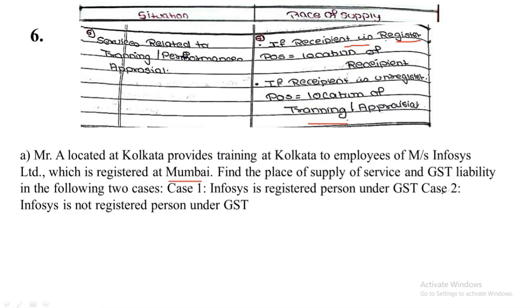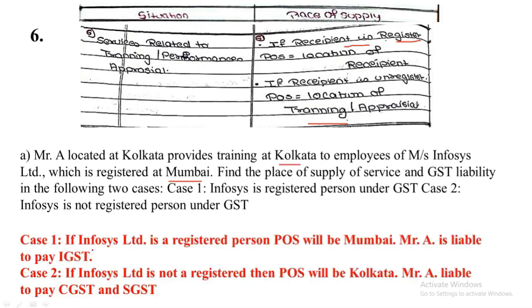And second, what will be the place of supply if Infosys is not a registered person? Again, the place where the training took place, that was at Kolkata, will become your place of supply. So there are two cases. If Infosys is registered, your place of supply will be Mumbai, and if it is not registered, then the place of supply will be Kolkata. Very important example.